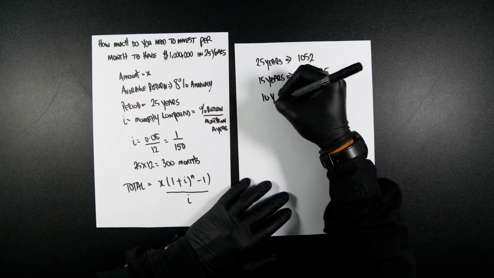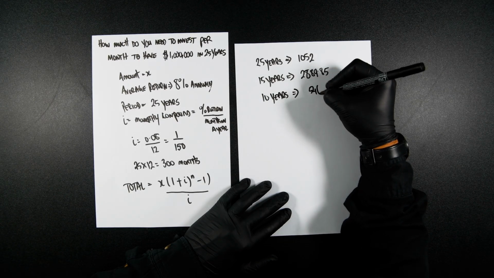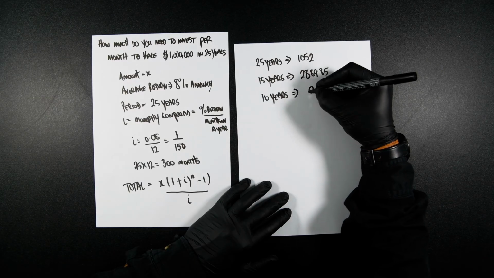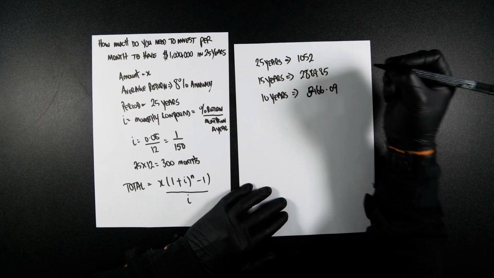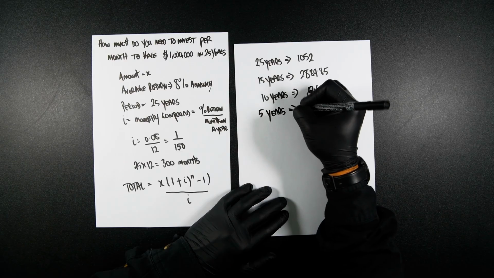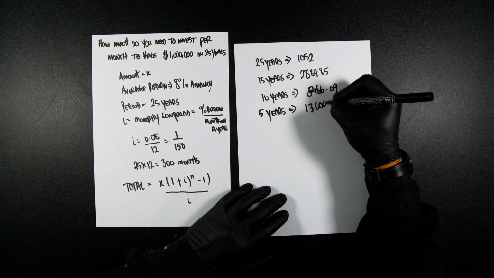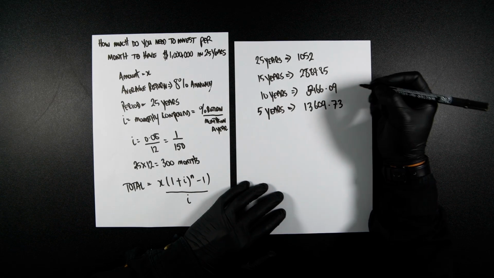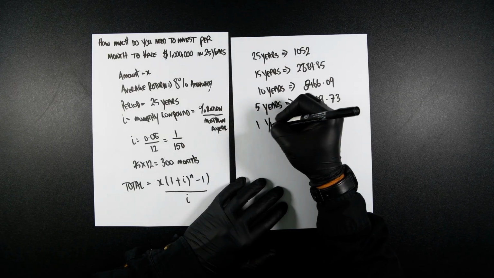What about 10 years? It would be 5,466 and 9p or cent per month. That looks a bit sloppy. What about 5 years? You would need to invest 13,609.73 per month.